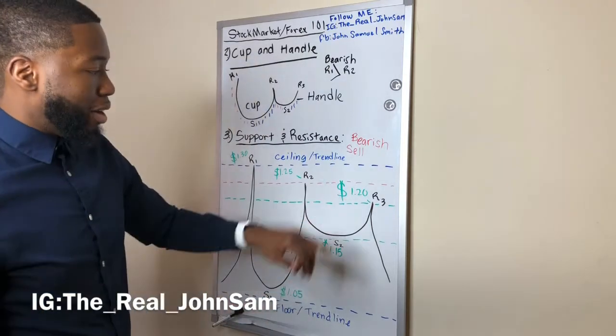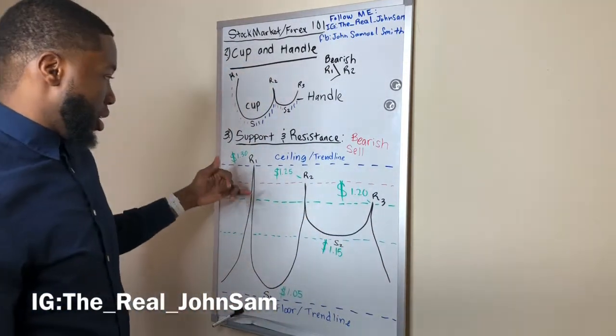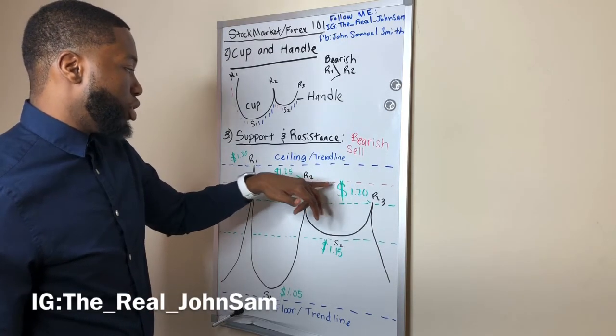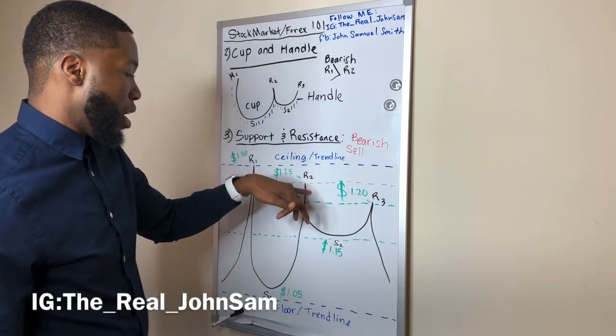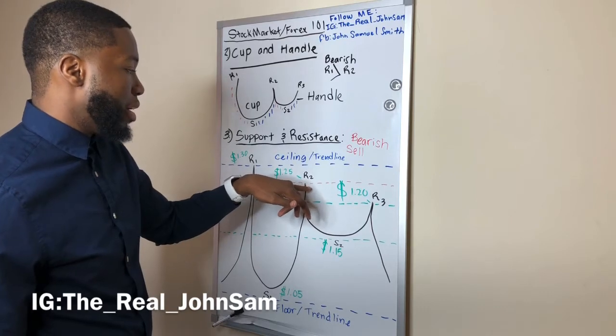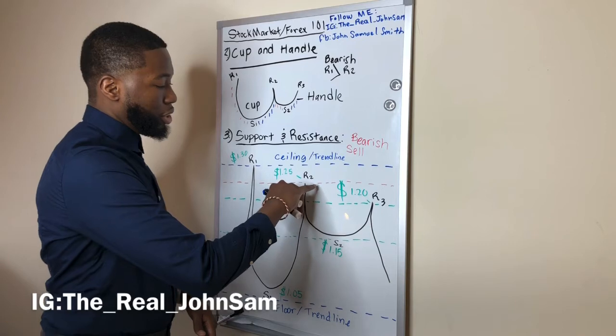So I drew this red line here. If you're in the market, you have an opportunity then if you get a red signal here at R2, a strong red signal that is going to be bearish, then that gives you an opportunity to enter your trade.